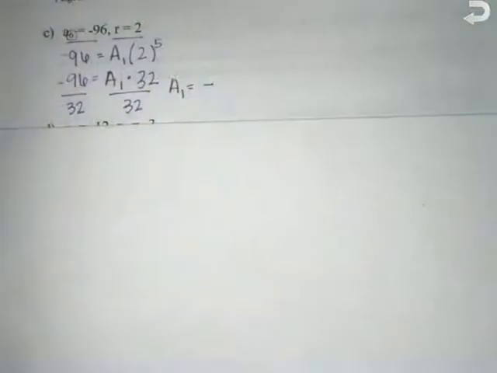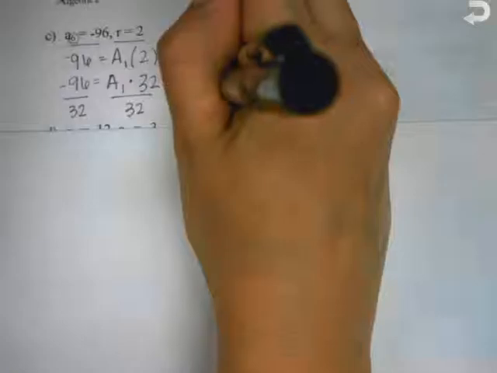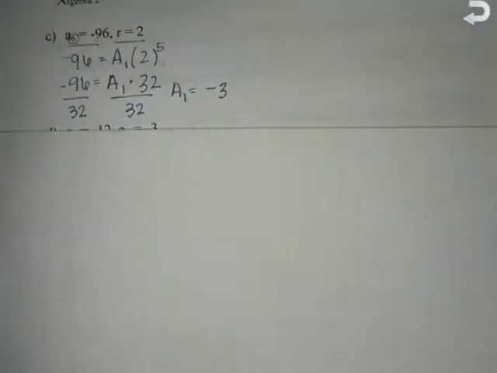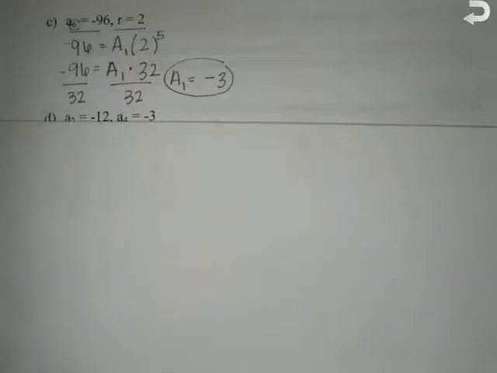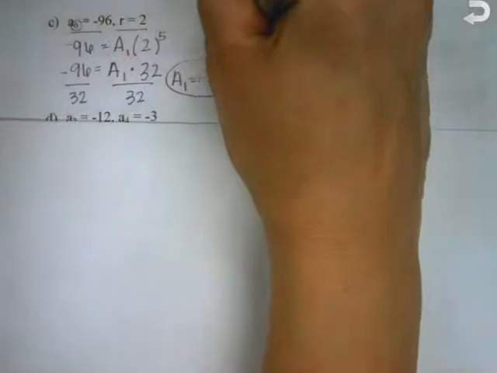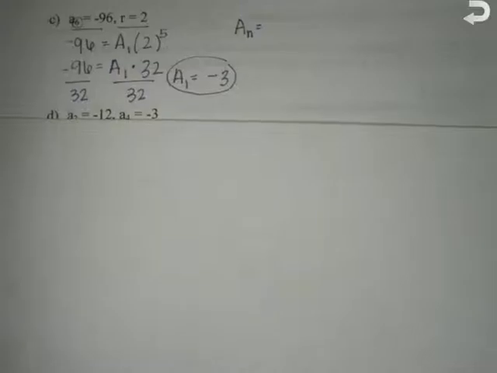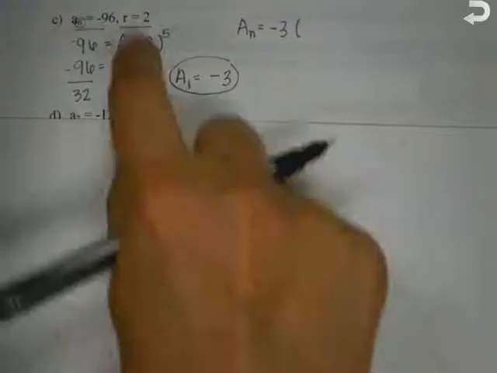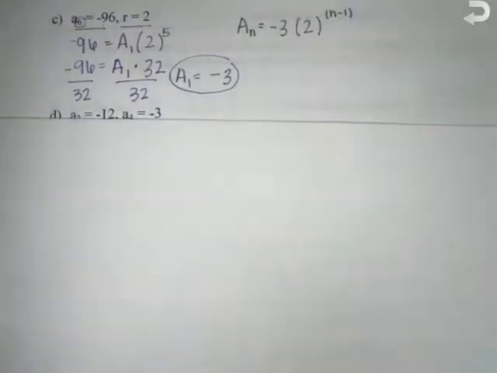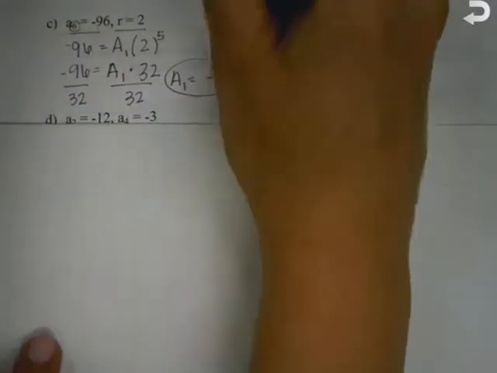Alright, so this is the piece of information that was missing. So I'm going to plug it in to the original formula. So a sub n equals negative 3 times r, which is 2, to the n minus 1. So that is your rule for the nth term. So find a sub 7 for me really quick.